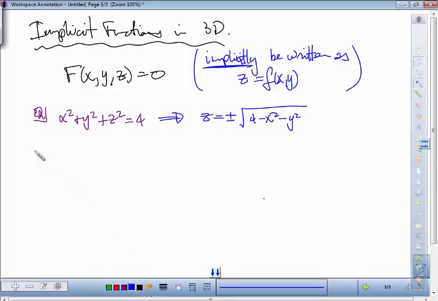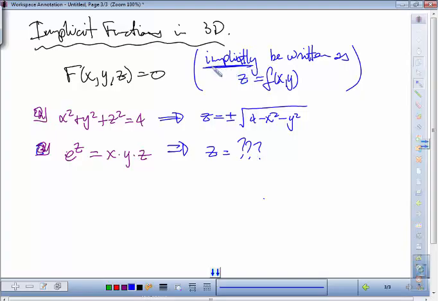But there are other examples here where I have, for example, e to the z is equal to x times y times z. And you can just say, well, if I solve for z somehow, I might be able to get some piece of the function, but it looks like it's going to be too difficult to solve for z.